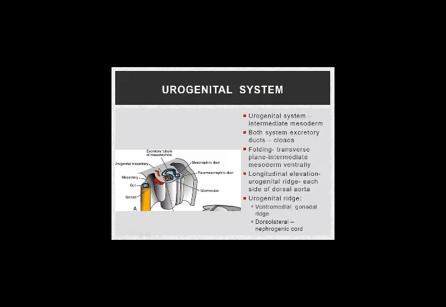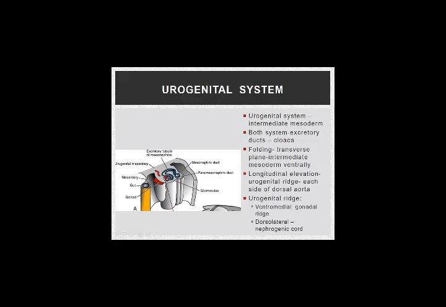So this mesenchyme on the posterior abdominal wall is covered by mesothelium. This mesenchyme forms a longitudinal ridge.